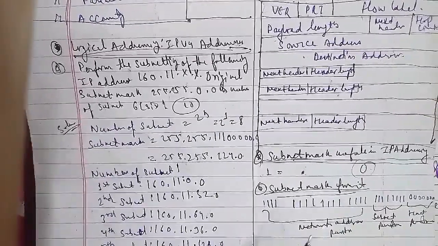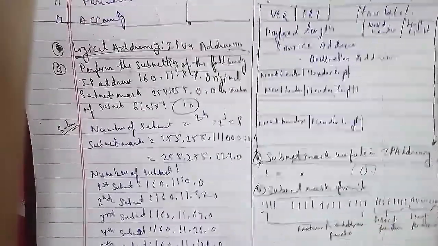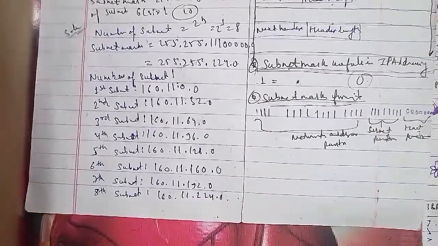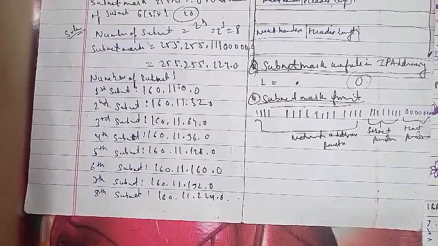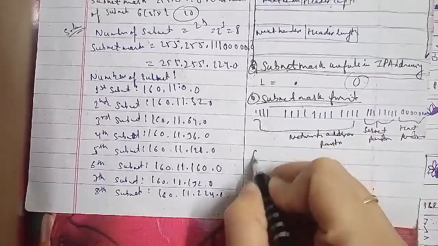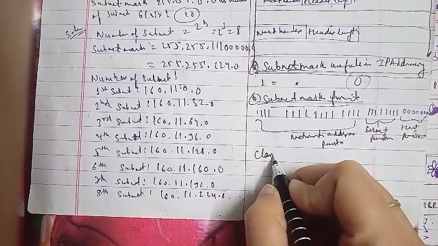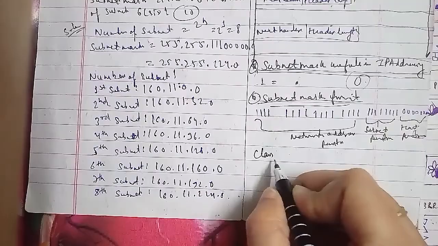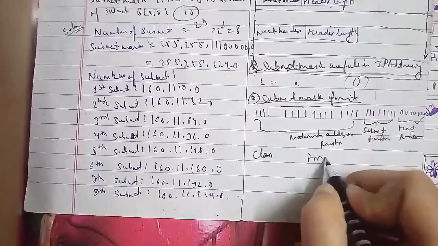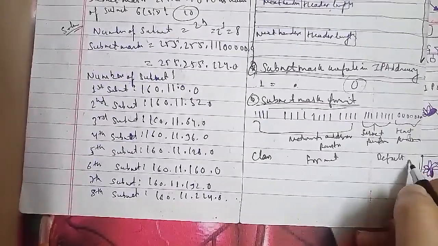In the same case, in reference to the class, for class A we have net.node.node.node, and for that the default subnet mask is 255.0.0.0. For class B we have net.net.node.node, and the default subnet mask is 255.255.0.0.